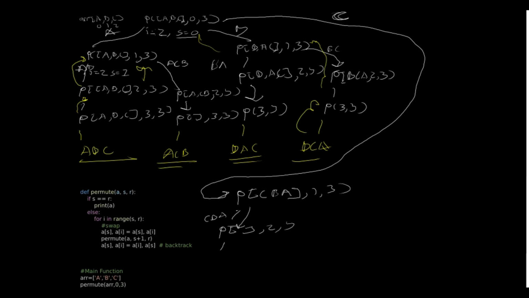The array is the same. 2, 3. And then you go P, 3, 3. Get the output, CBA. Go back here.